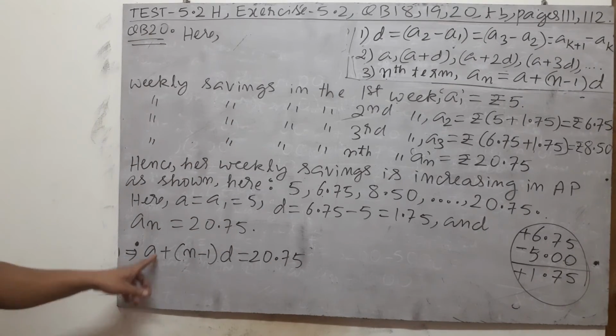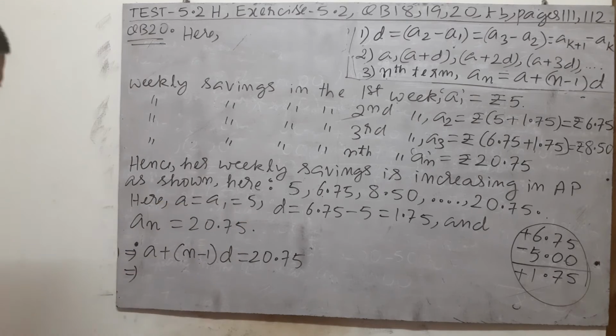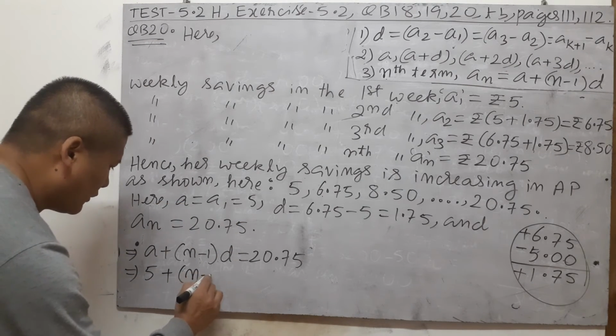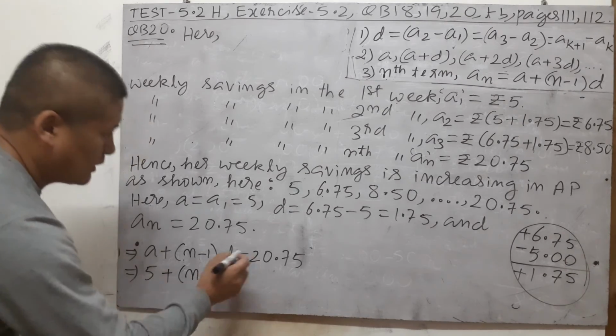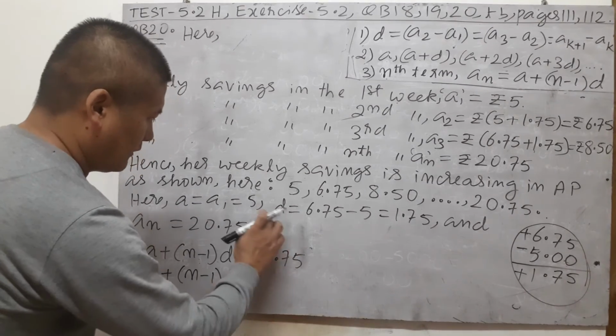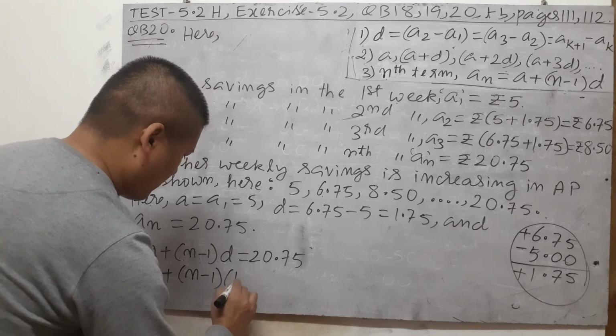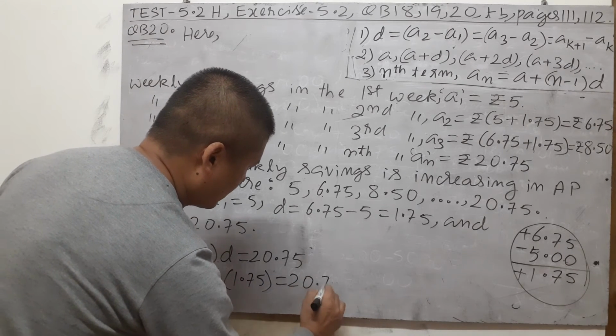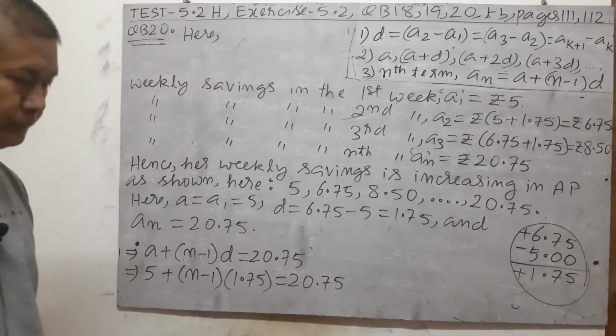So here a, you can see, is 5. Let us substitute the a value with 5, plus n we don't know yet, n minus 1 into d, which is the d value 1.75, is equal to 20.75.